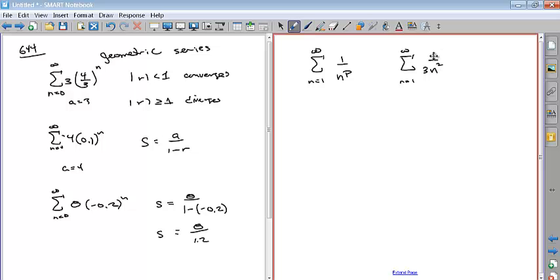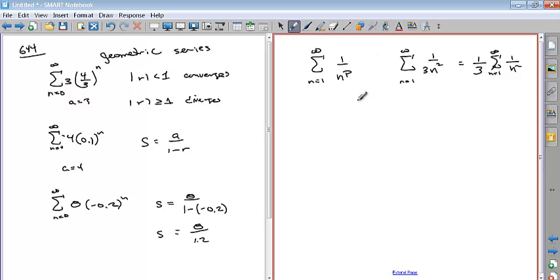So this converges. All this 3 does here is give a third of the value, that would be equal to 1/3 the summation from n equals 1 to infinity of 1 over n squared. So anyway, that's a p-series, and it converges. You can look at your sheet for when p is greater than 1, p is less than or equal to 1, and p is positive because it's always 1 over n to the p, where p is positive.